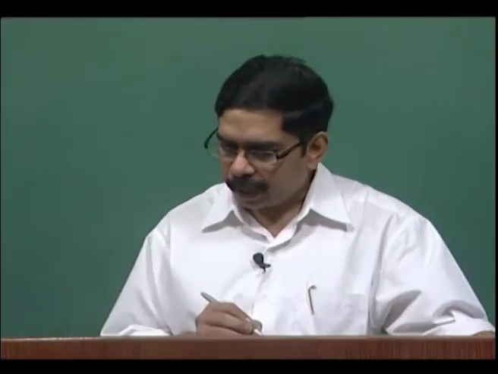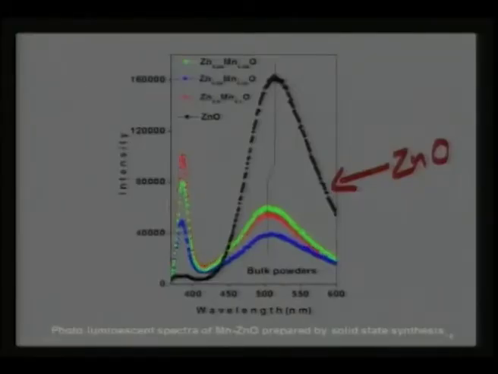There is a corporate effect, and manganese seems to be suppressing the oxygen deficiency, because manganese is able to bring in oxygen while zinc is actually losing oxygen in the lattice. So, this is one of the viewpoints from the solid state prepared sample.